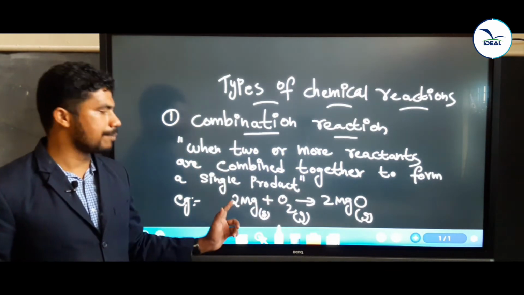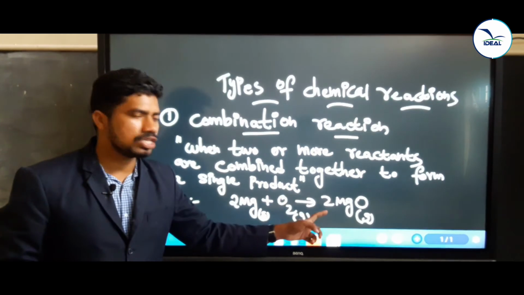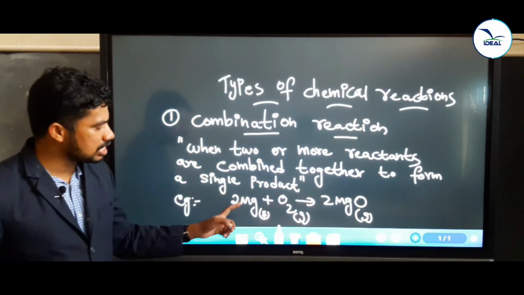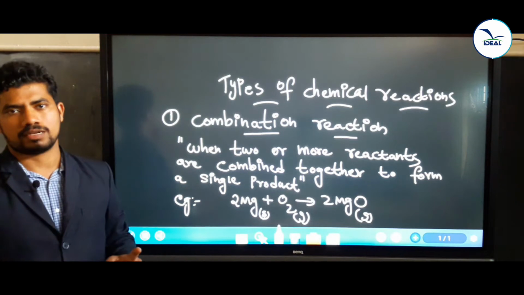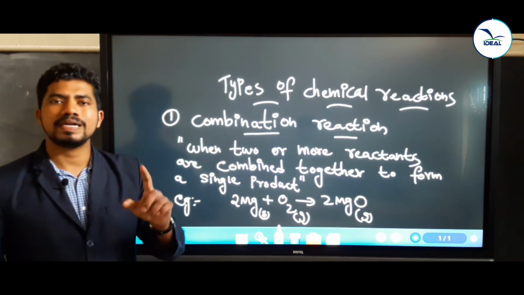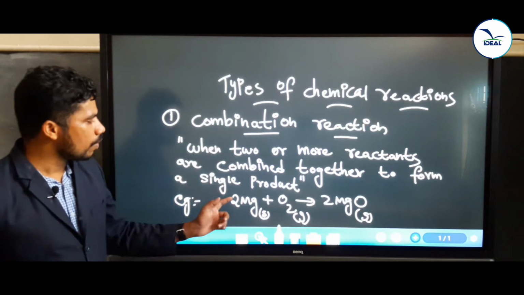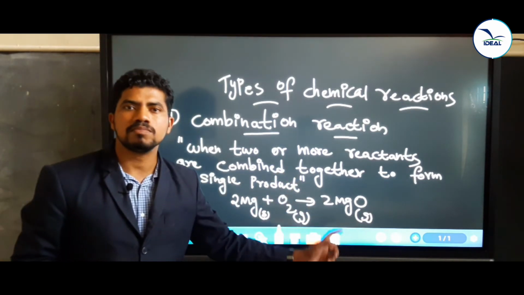So the silvery magnesium will be converted into a white powder known as magnesium oxide. The magnesium will combine with the oxygen present in the atmosphere, because we know oxygen is needed for the burning of every substance. So the magnesium will combine with the oxygen and we will get magnesium oxide.